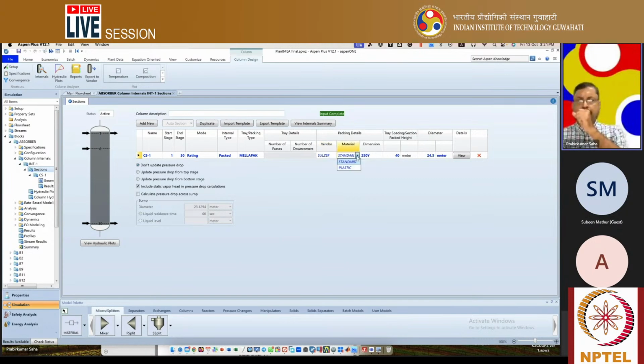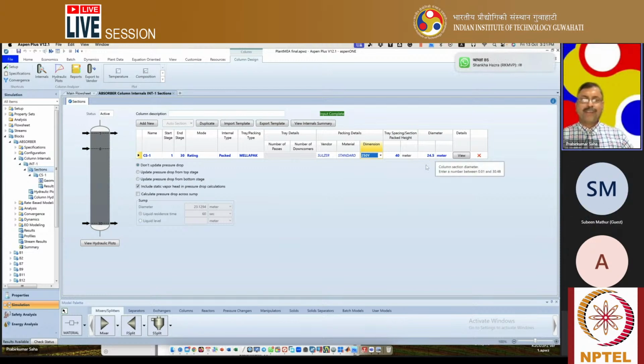And then the material is standard or plastic. These are all standard dimensions. Each and every dimension has a meaning. 250Y has a meaning, 250X has a meaning. And you can see the diameter. Right, sir. The diameter is 24.5 meters.